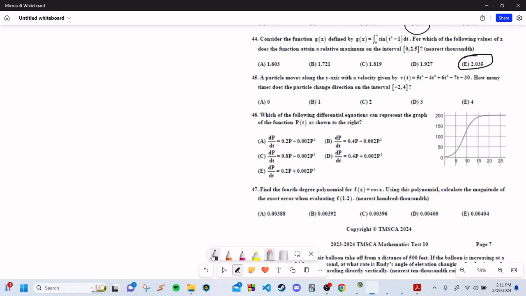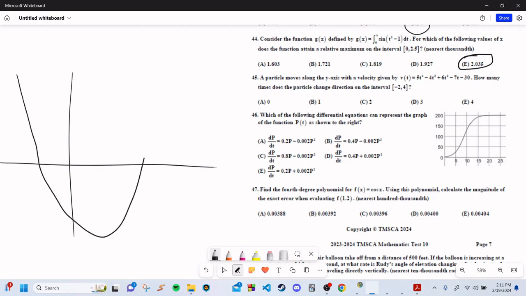So if we graph this, looking at -2 to 4, we get a graph that looks somewhat like this. And it's going to have 1, 2 zeros. So here, on this negative side of the x-axis, it's having a positive velocity, and then it's dipping and becoming negative after this point.